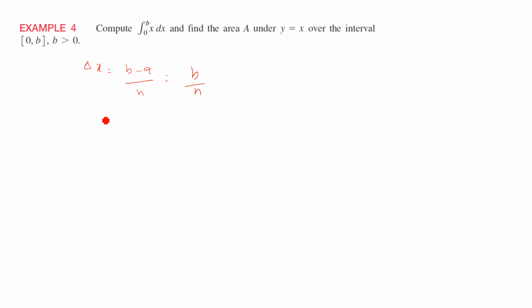So our partition in this case is going to be 0, b/n, that is x0, x1, and so on, 2b/n and 3b/n up to nb/n, that is, the last point must be b.